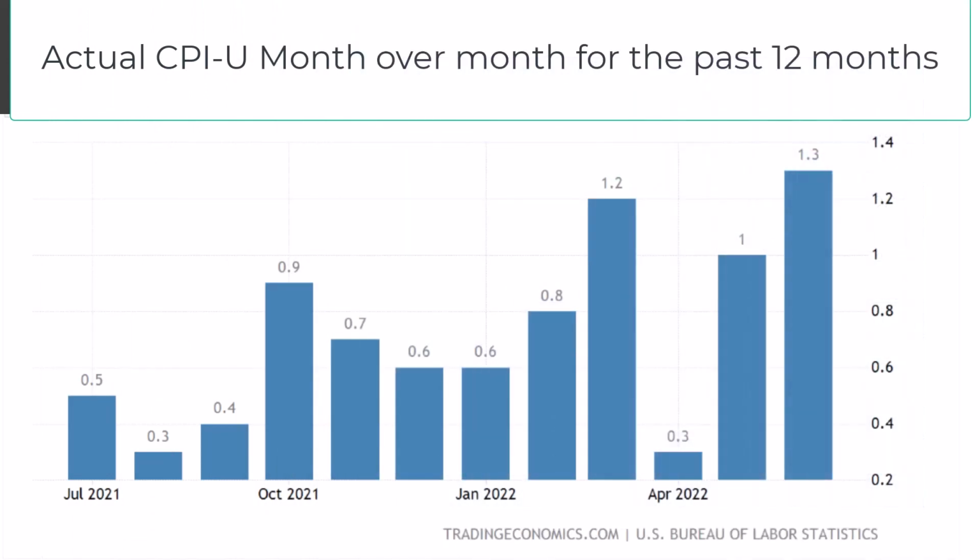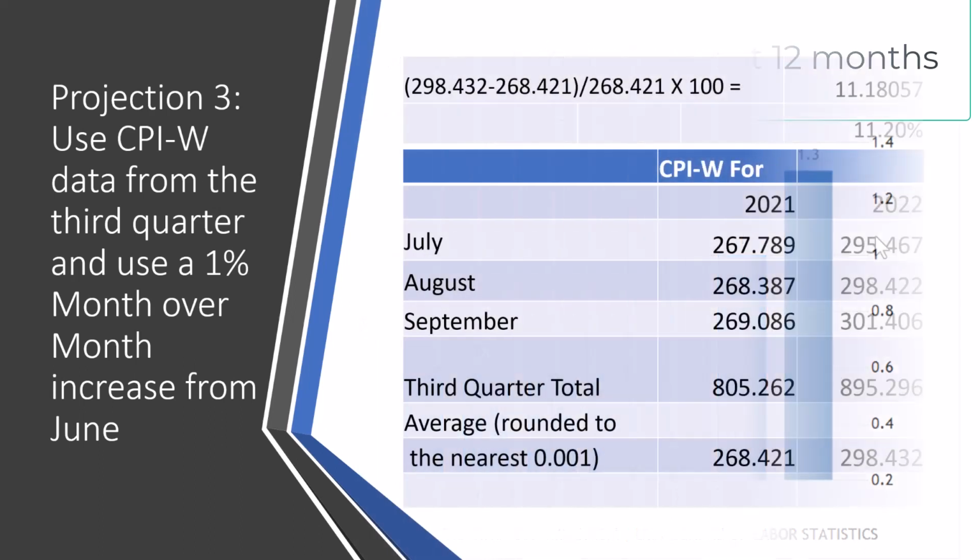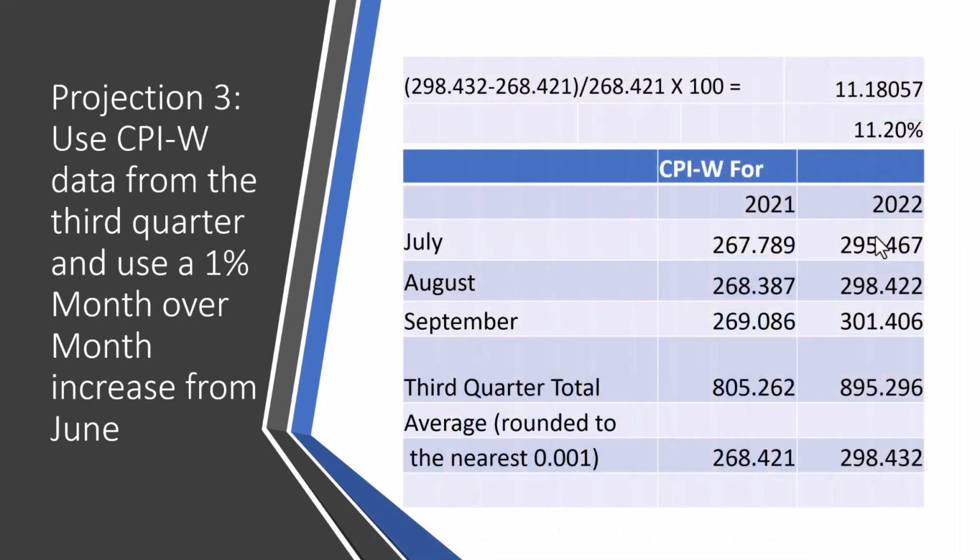This would probably be the worst case scenario for the CPI-W. So this is going to be the upper limit, the upper range of what it could be. And if this was the case, our inflationary rate would be over 10% at this point. But for projection purposes only, let's see what that would give us.